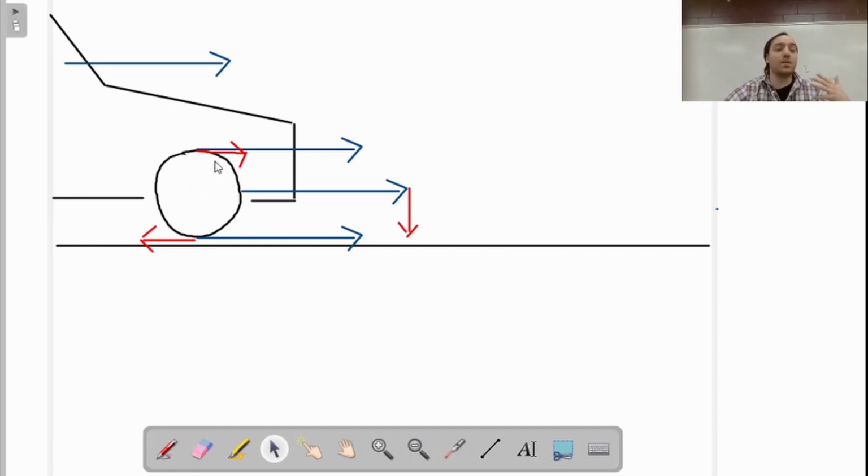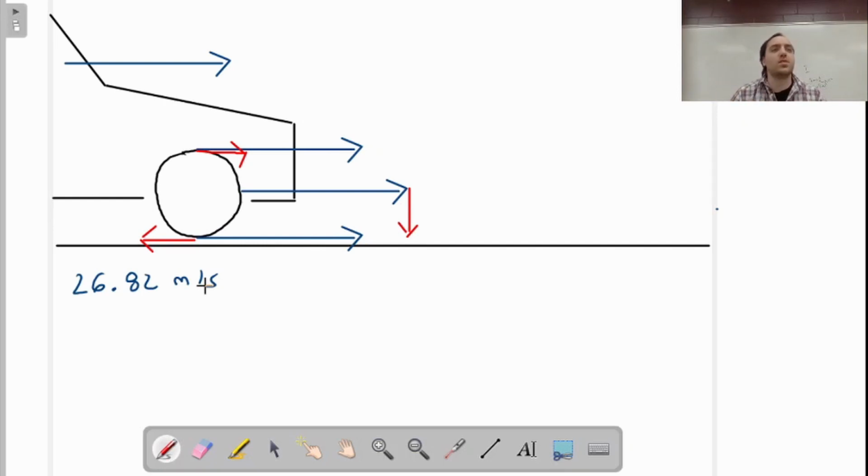Now, we can talk about each of these points individually. Let's start with the one on the bottom. The car as a whole is moving 60 miles per hour, which, as we've said previously, is 26.82 meters per second. That is the total net motion of the car. But how fast is the tire moving? Well, the tire is also going to be rotating.